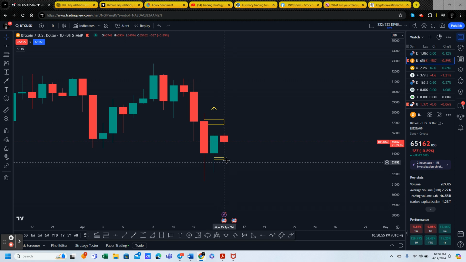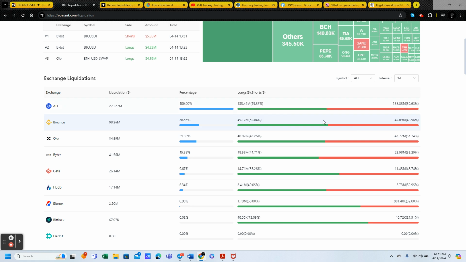Even though for us it's 10:50 at night and it's still Sunday, it's already counted as Monday. But yeah, this nice little green rally. That's what happened. So I was wondering, wait a minute, how can more of the shorts be liquidated, from what I remember, saying we were in a free fall yesterday?